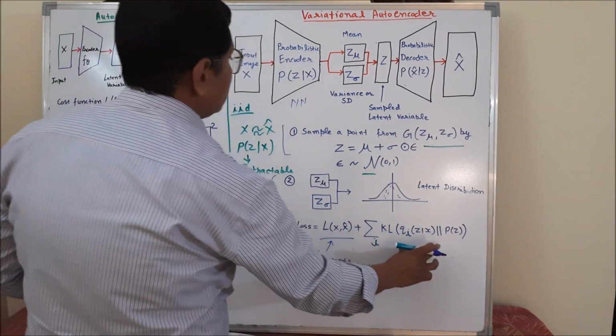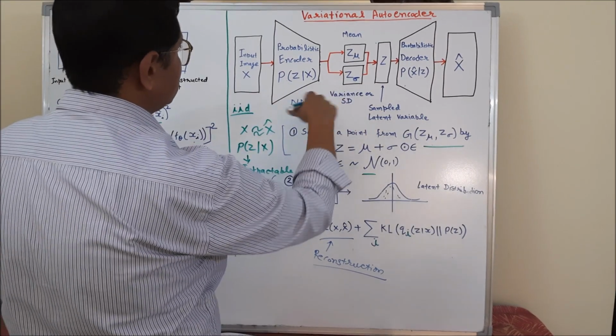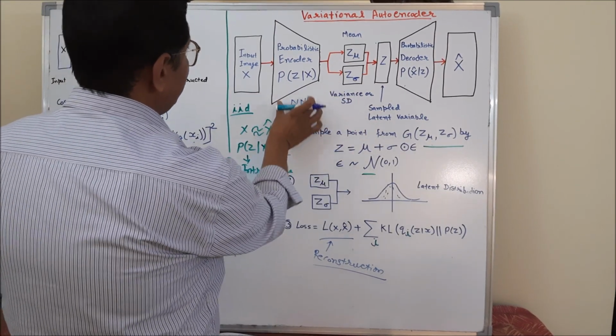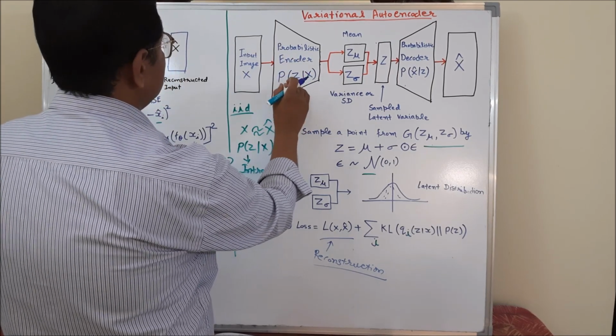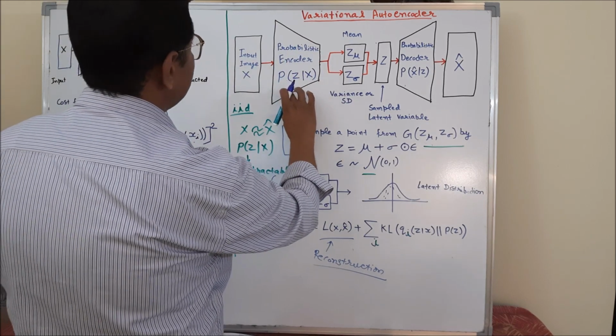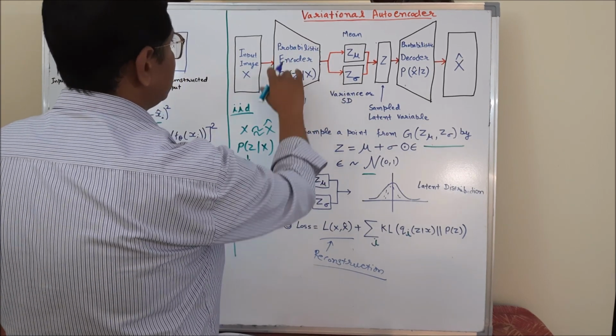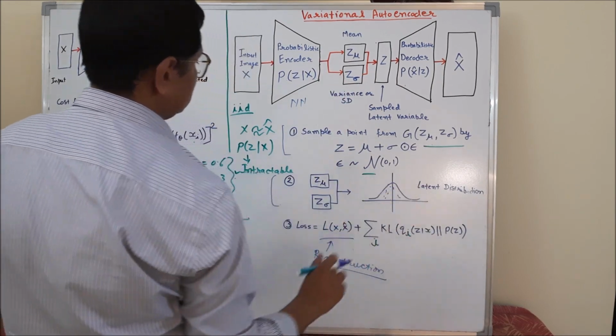But we have another loss part also available. When we try to generate, we use another neural network architecture instead of the traditional probabilistic encoder, that will generate a similar kind of distribution, and for that we use the KL divergence loss.